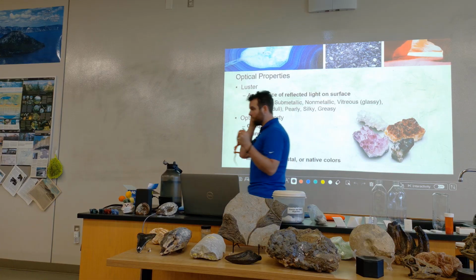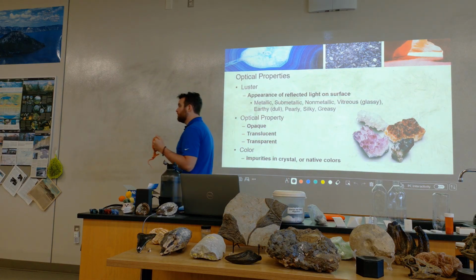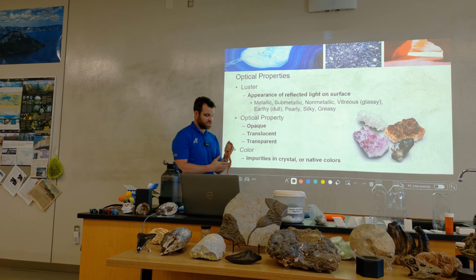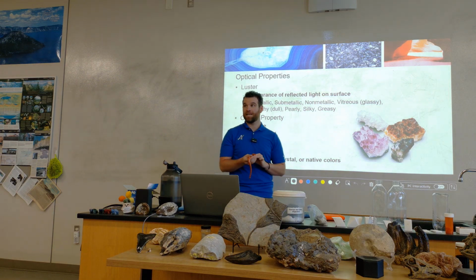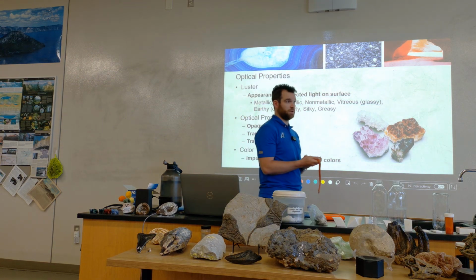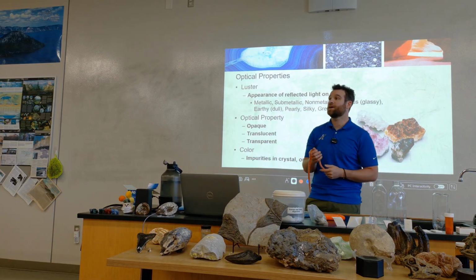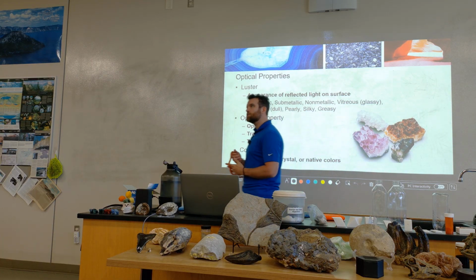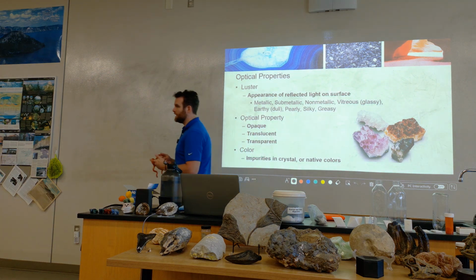Then there is the optical property of light transmission. So, does light pass through it perfectly? Can I see an image on the other side of this mineral? We call that transparent. It's like glass. Then there is light goes through it, but I cannot see an image.